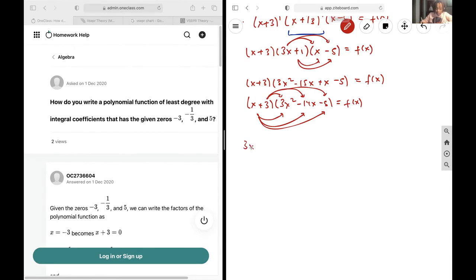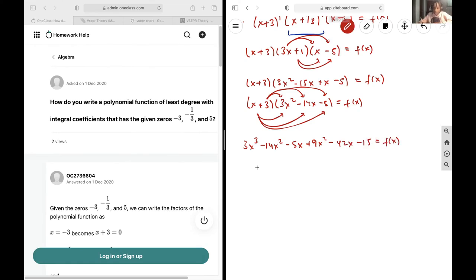So that will become 3x cubed minus 14x squared minus 5x plus 9x squared minus 42x minus 15. And this is going to be our f of x.